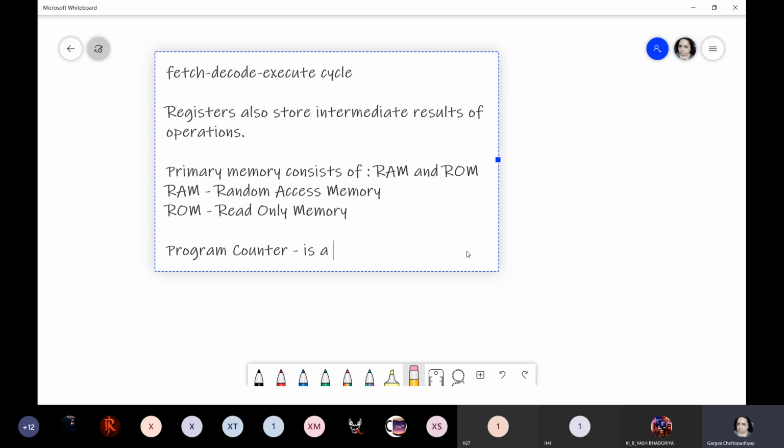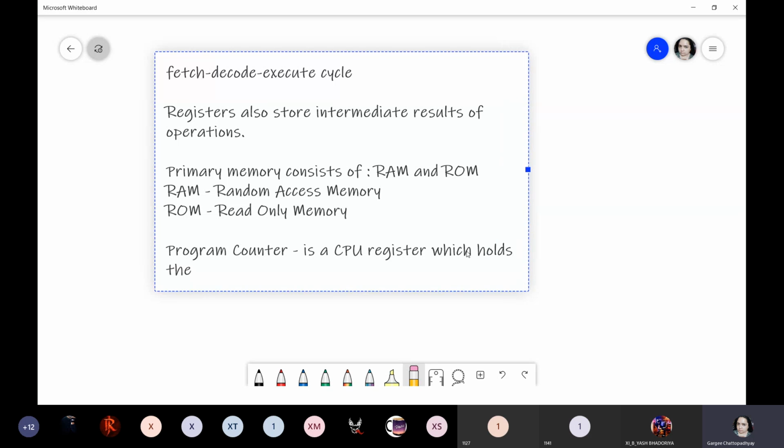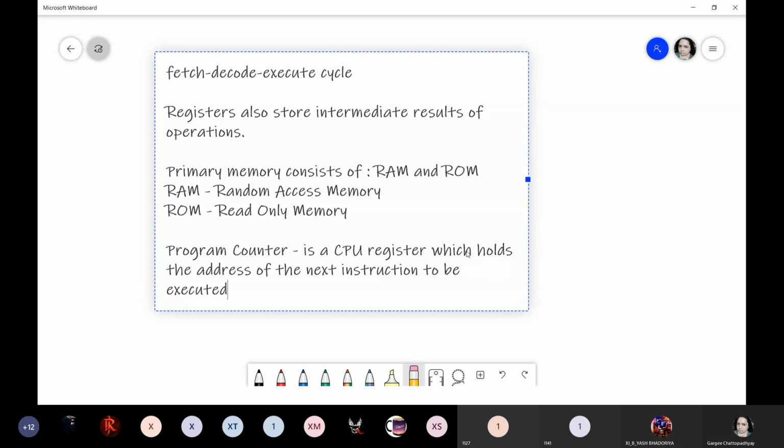Program counter is a CPU register which holds the address of the next instruction to be executed by the CPU in a particular program. Take a note of this point in your copy.